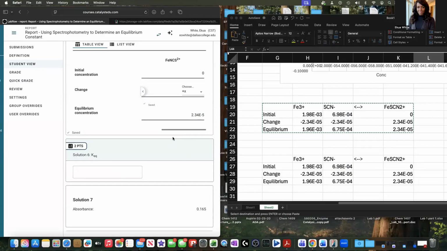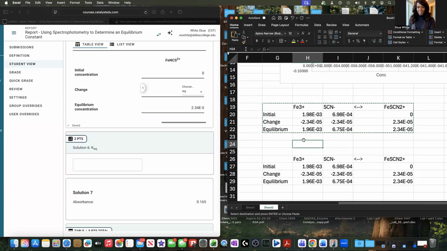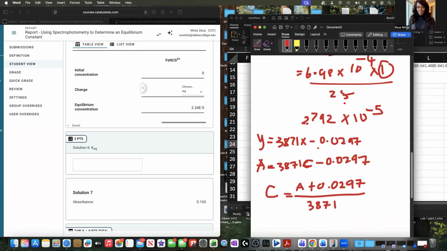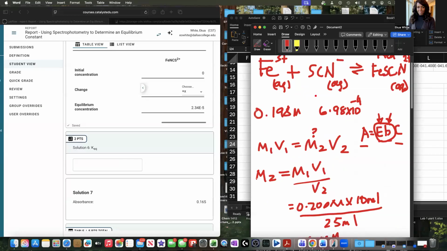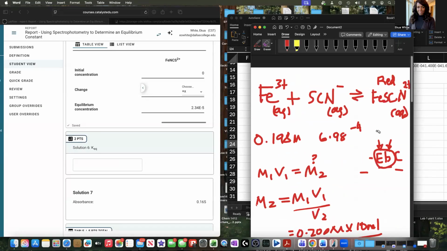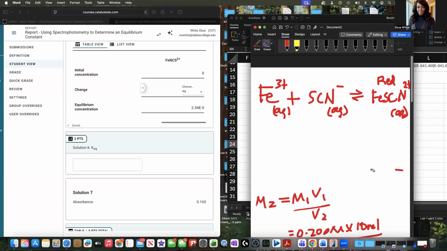Oh, and if we do this one here, our K equilibrium then, let me see if I can do that. Trying to get all this done together based on what we have here. Wait, why wouldn't it allow me to type in Q? Okay, so bringing this back in, based on our equation, once we have our equilibrium numbers, our equilibrium expression helps us get to the K equilibrium.